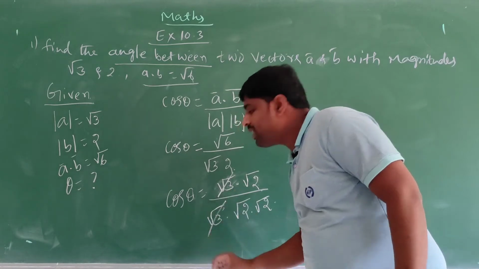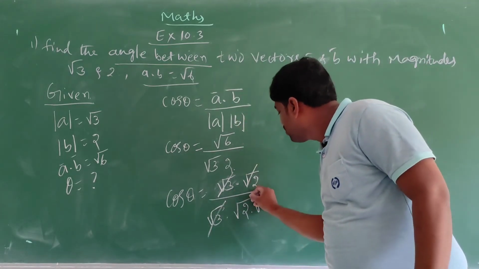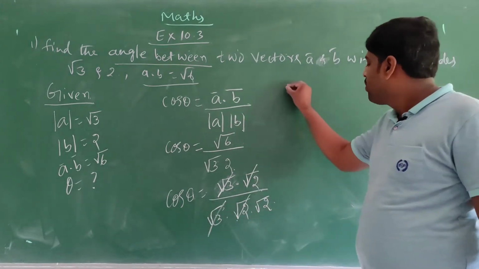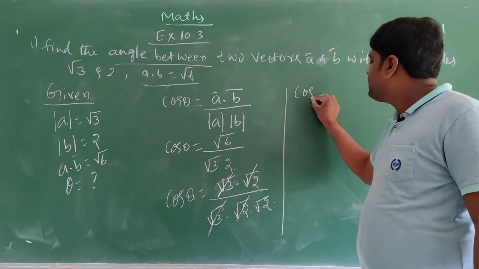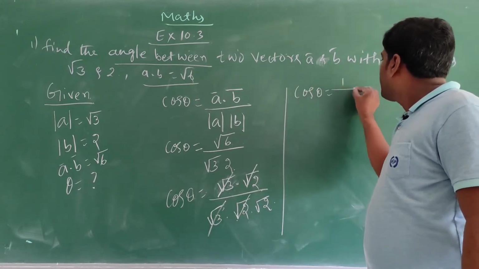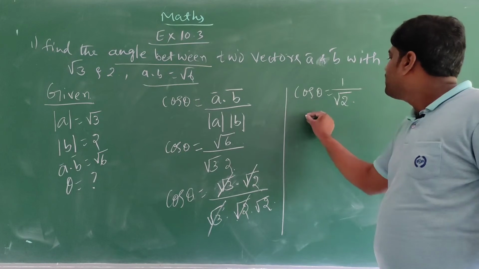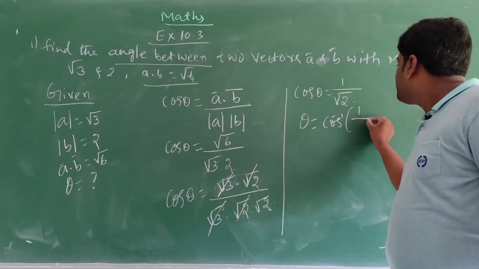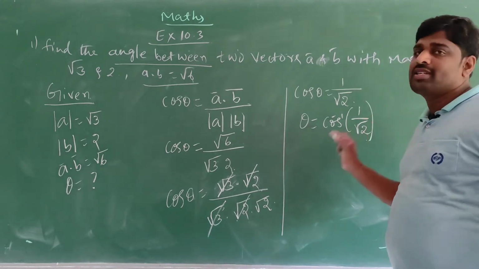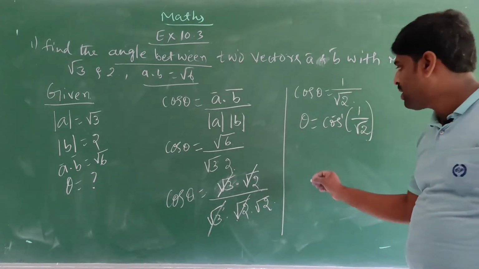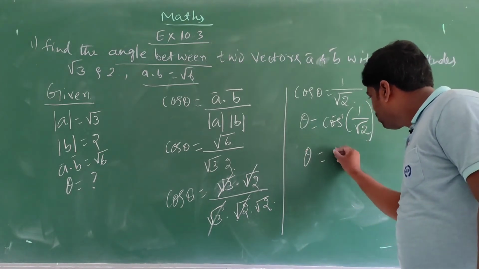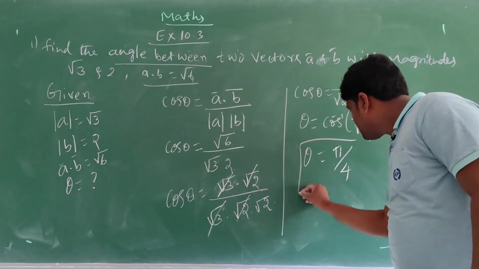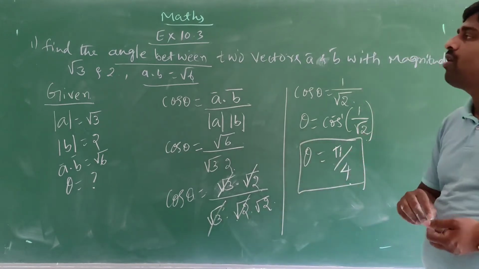Root 3 gets cancelled. Root 2 gets cancelled. What is remaining? Cos theta equal to 1 by root 2. Theta equal to cos inverse 1 by root 2. Cos inverse 1 by root 2 is how much? Pi by 4. Theta equal to pi by 4. This is your answer for question number 1.